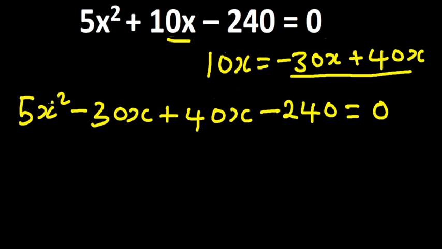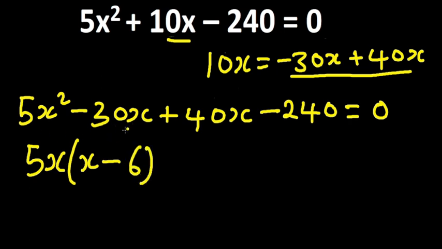First, we're going to factorize these two terms separately, and also this one separately. So let's do that. So the greatest common factor between 5x squared and 30x is 5x, because if you multiply 5x by x, you're going to get 5x squared. And if you multiply 5x by 6, you're going to get 30x.